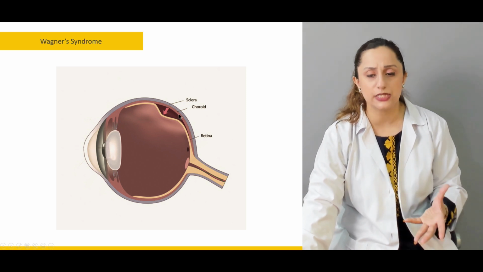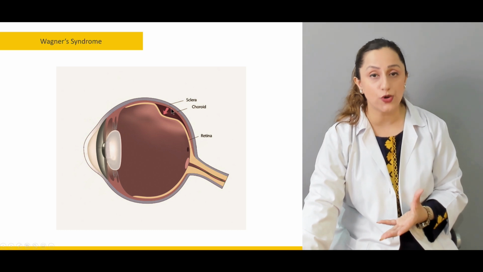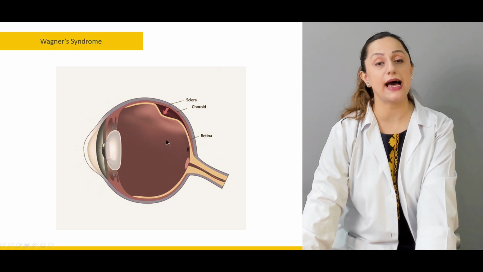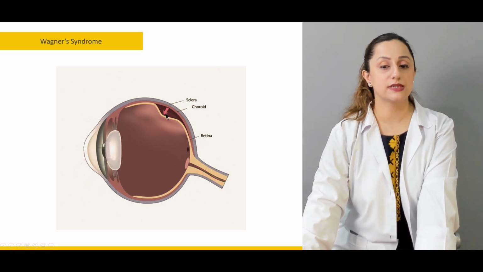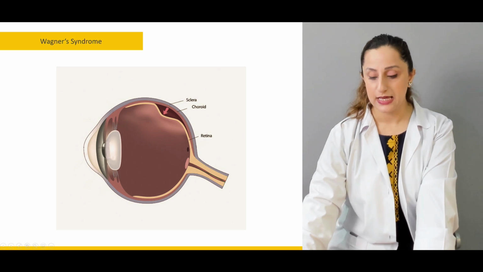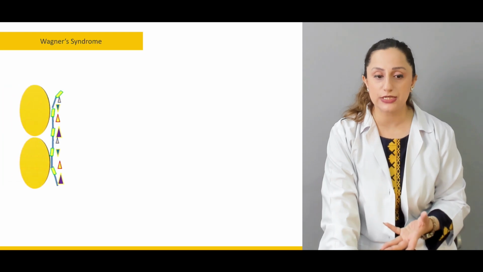Sometimes the retina along with the choroid is affected, and sometimes after this retinal degeneration, as a complication, retinal detachment is observed in a lot of individuals. So just giving you an overview of Wagner syndrome.